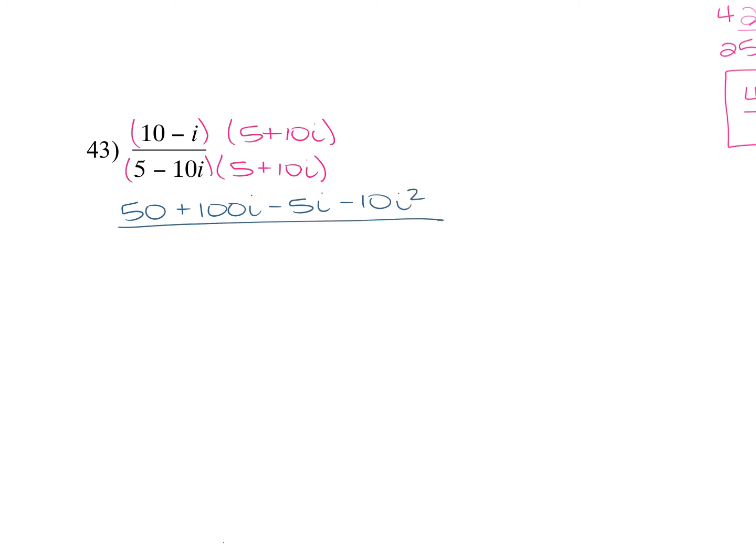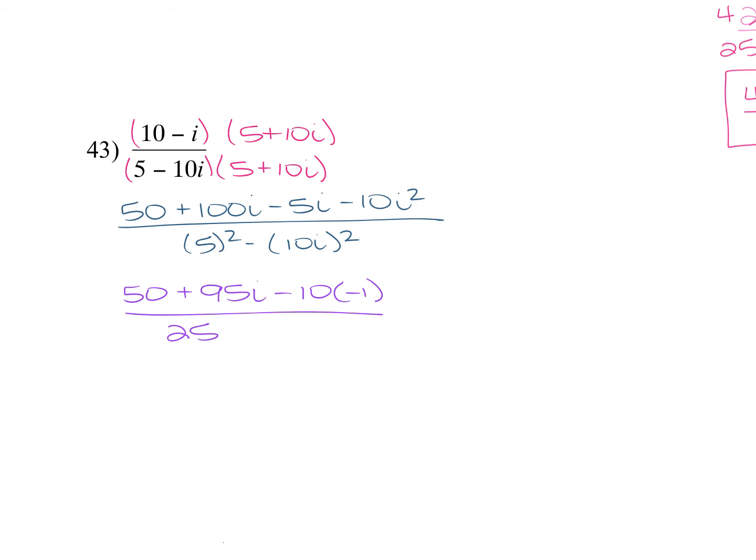On the bottom, again, we're going to do the difference of squares, so that's 5 squared minus 10i squared. So this is going to simplify to give us 50 plus 95i minus 10 times negative 1 all over 25 minus 100i squared. We're going to simplify even further.